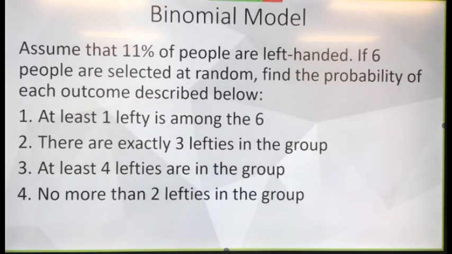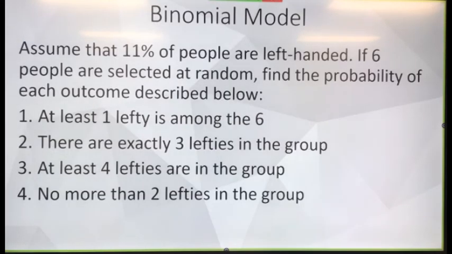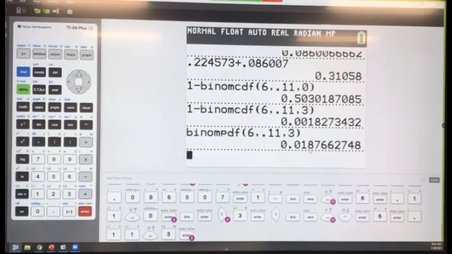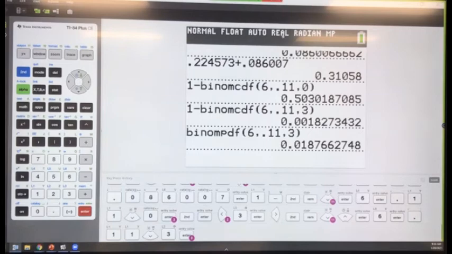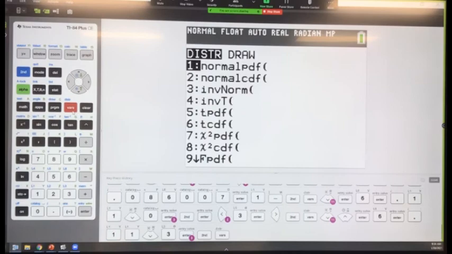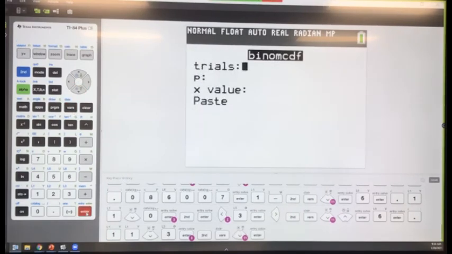And then finally, no more than 2 lefties in the group. No more than 2. Another way of saying no more than is at most 2. So with no more, second vars, I'm going to use that CDF.